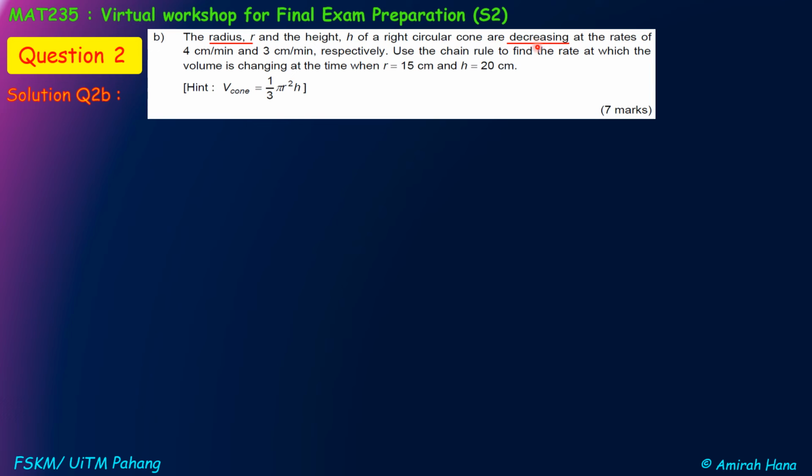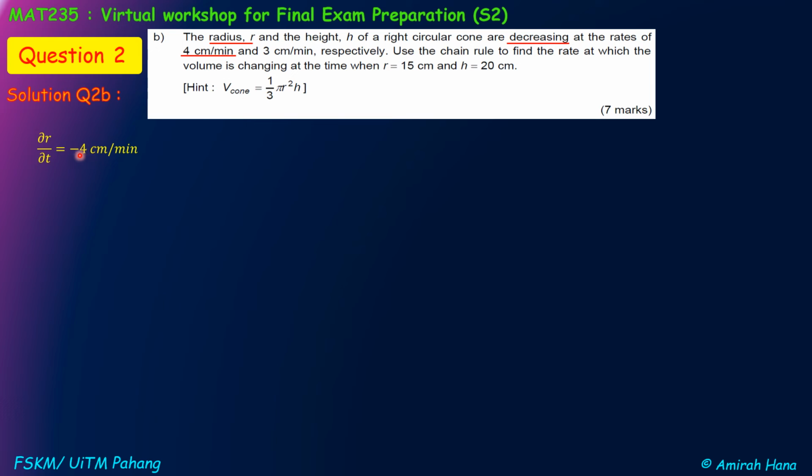Right, we have radius r, and then the word decreasing. 4 cm per min. Using partial derivative, we can write del r over del t equals to negative 4 cm per min. Why negative? Because the word here is decreasing.